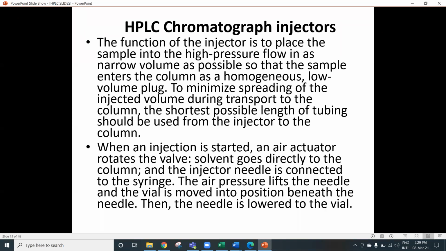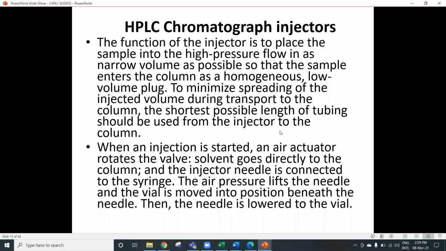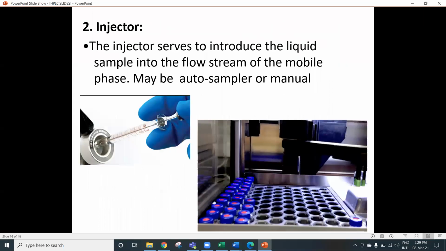You know that for the GC, as soon as the sample enters the injector, it goes straight into the column. And it's the same thing we're also using for HPLC. So you don't want your sample to enter and travel a long distance before it enters the column. When that happens, you could have band broadening or eddy diffusion that we looked at before.